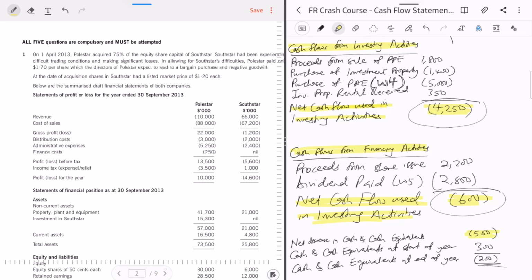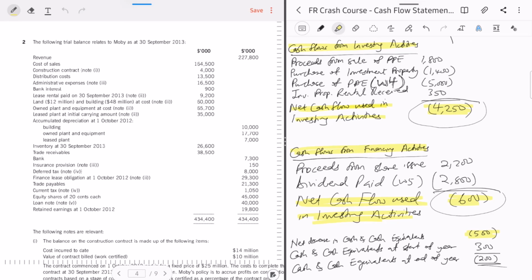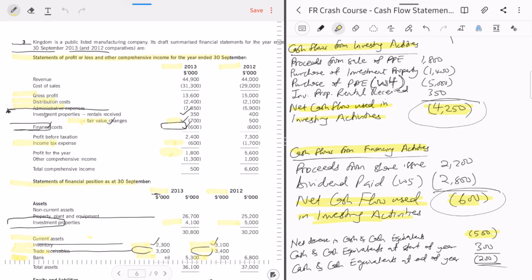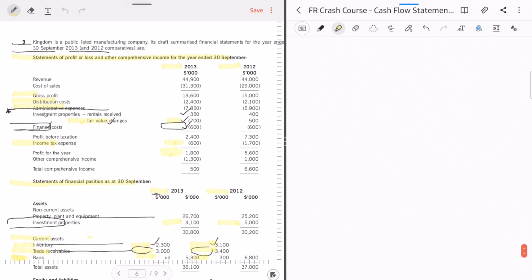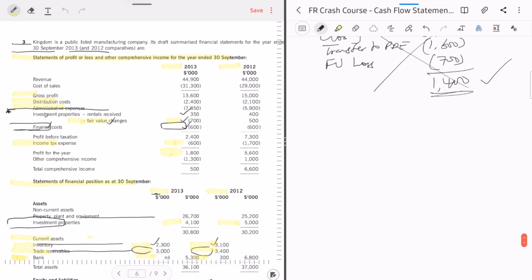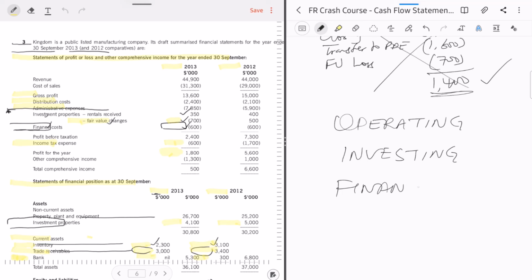So really, that's it for cash flow statement. Remember that we have three main sections. Quick recap, we have cash flows from our operating activities, cash flow from your investing activities, and cash flows from your financing activities. What else must you know? The approach really is to go through questions, compare the opening balance to the closing balance, and see what else in the question has affected it and use that as a cash flow.